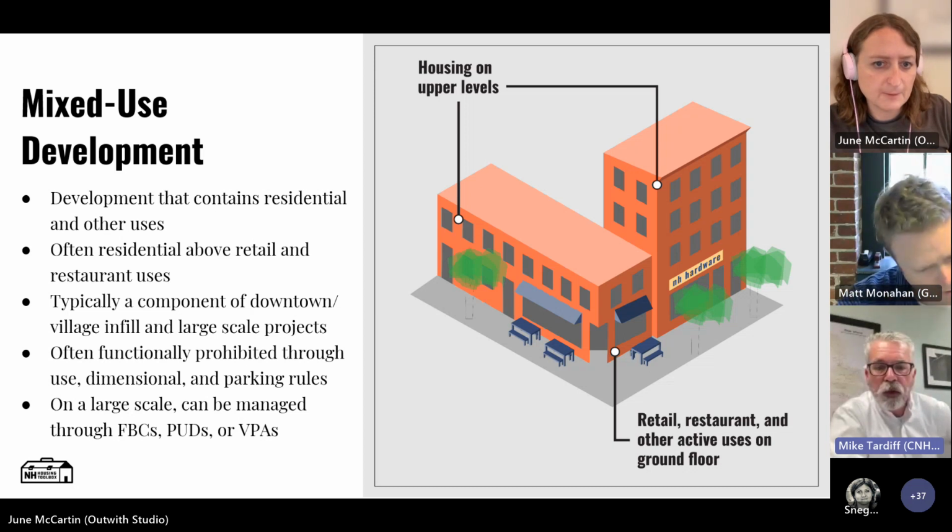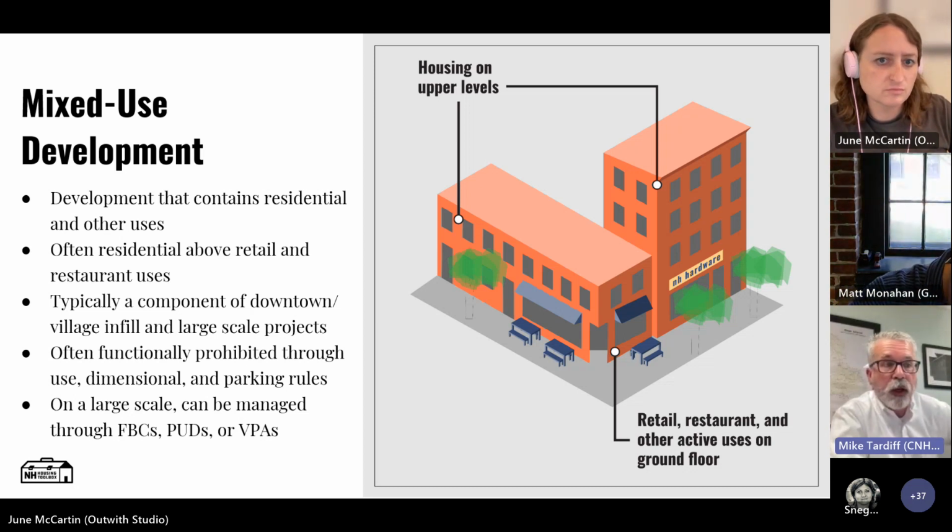And whether it's in a village area or in an area around an exit, perhaps exit 17 comes to mind, Concord, Canterbury, where perhaps some of the underlying zoning doesn't allow for those mixed uses, but it's one of those things that a community is looking for and looking to promote.